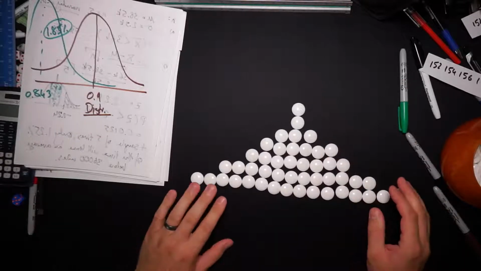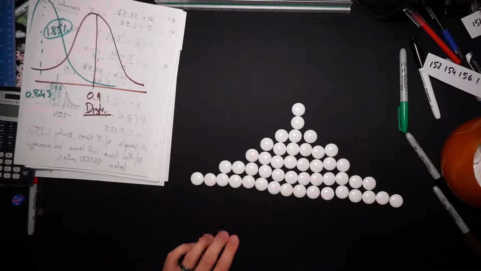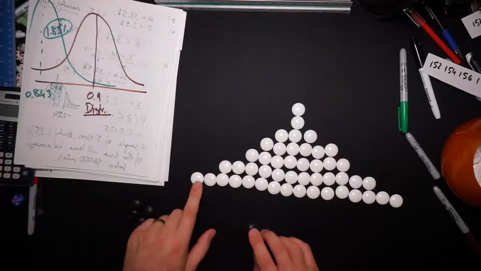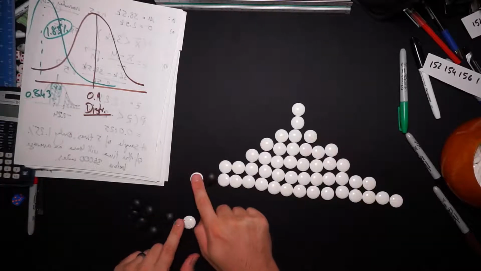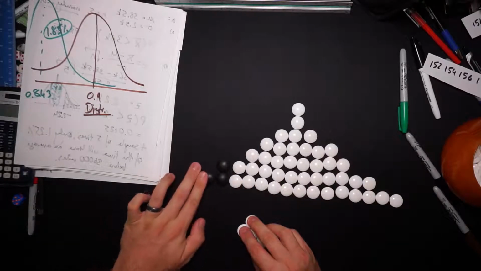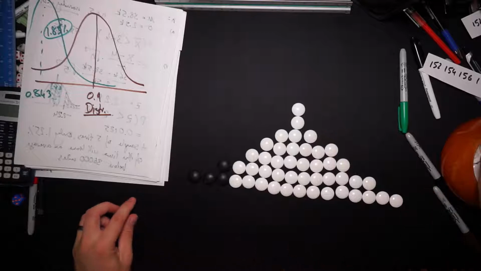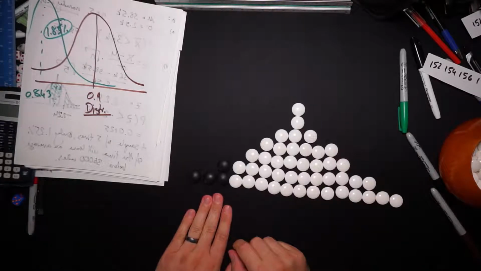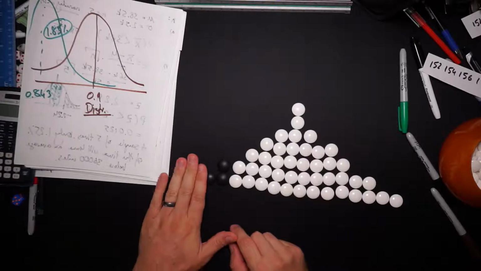This is the normal distribution we had. And what we're asking is, if we have, say, this right here, how likely is that? Actually, you can barely see those.